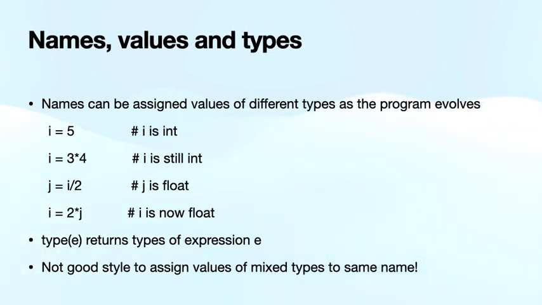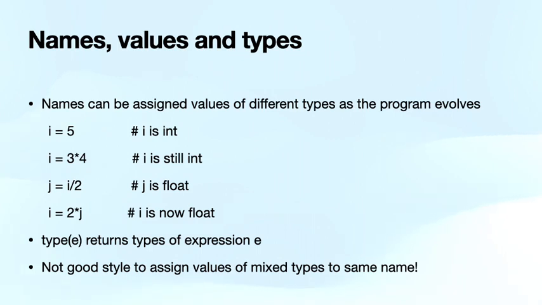If we start with an assignment i equals 5, since 5 is an int, i has type int. Now, if we take an expression which produces an int, such as 3 times 4, i still remains an int.